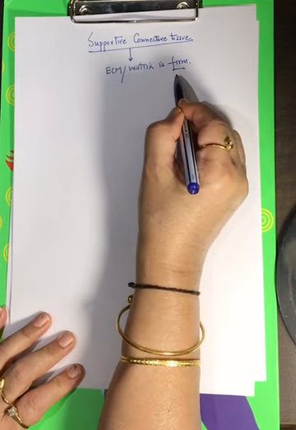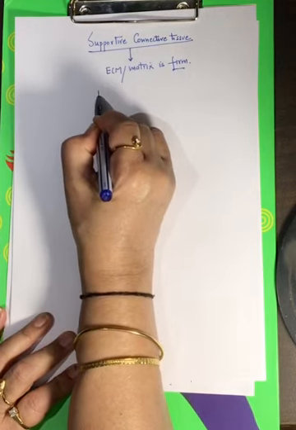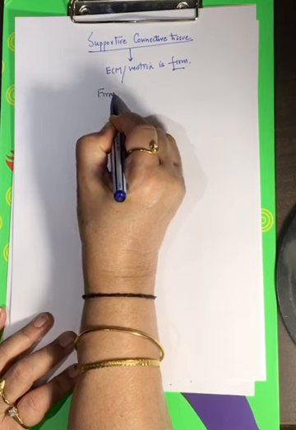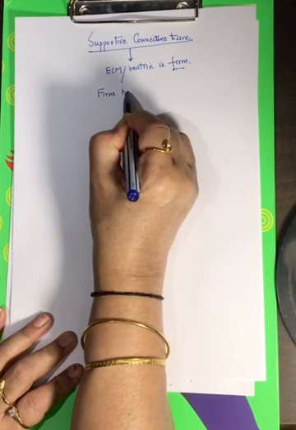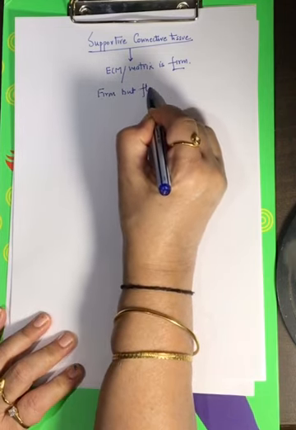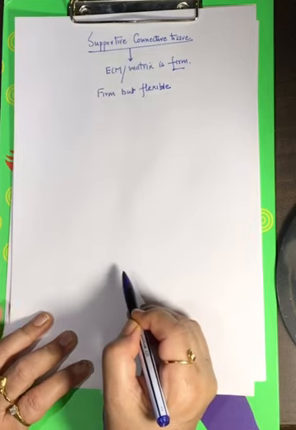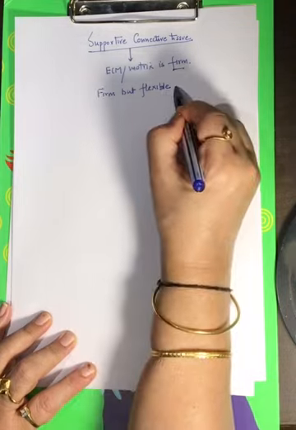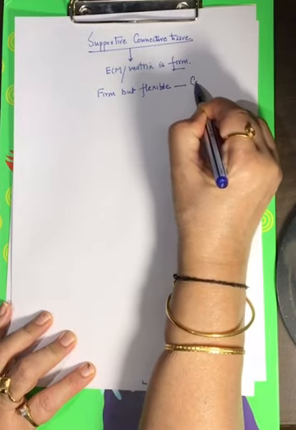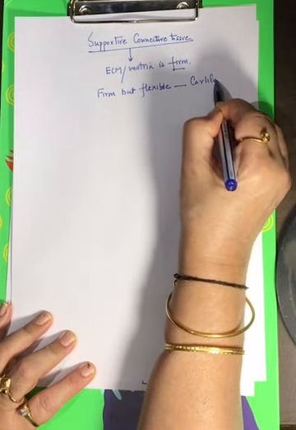If this ECM is firm but flexible, then it is cartilage.